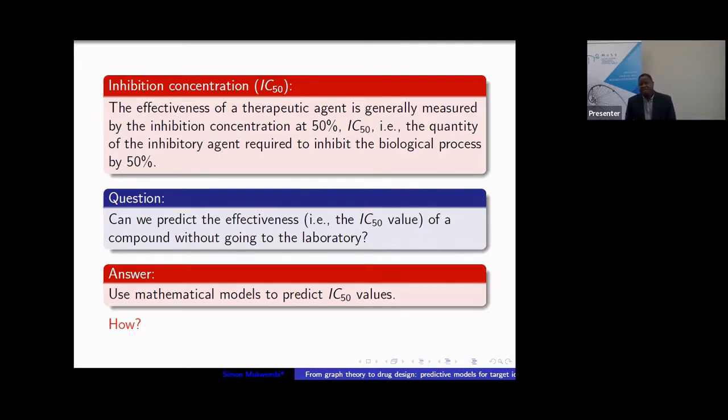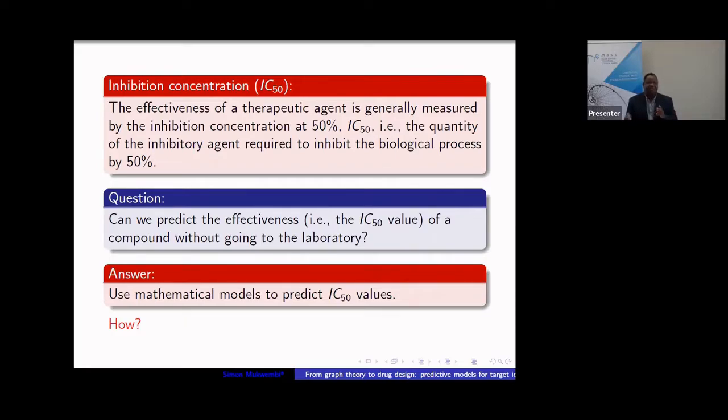Now, the question that myself and my collaborator, Professor Faranyabata from UJ, asked at some point was, can we predict the IC50 values, seeing that it's a numerical value? Can we predict it without going to the laboratory? Can we offer a fourth approach?